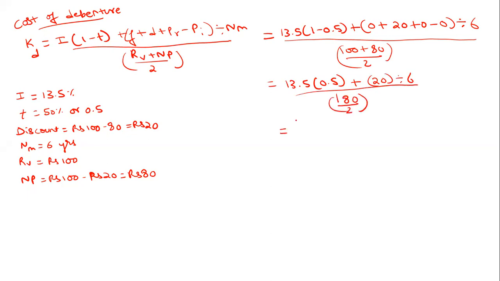13.5 into 0.5 is 6.75. 20 by 6 is 3.33. 180 by 2 is 90. So the answer is 0.112 or 11.2%.